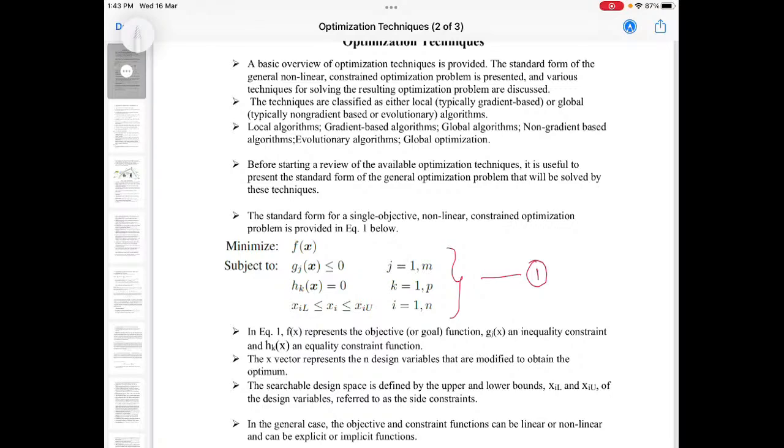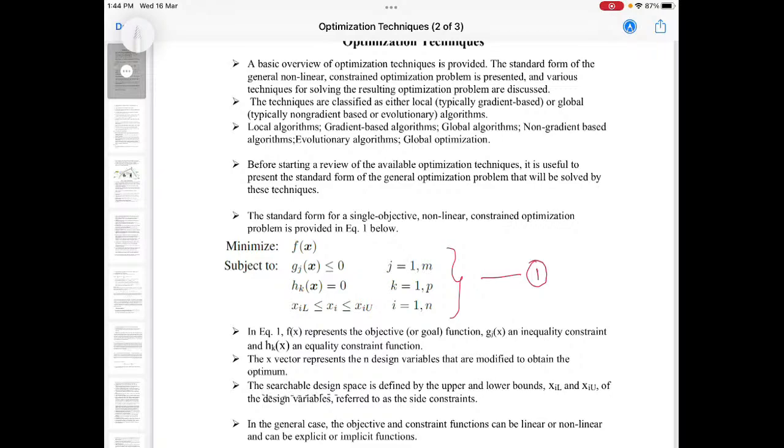Here you can see f of x, gj of x, hk of x, and what this x implies. We also have the bounds xil and xiu, and x denotes a vector which represents n design variables that can be modified to obtain the optimum.